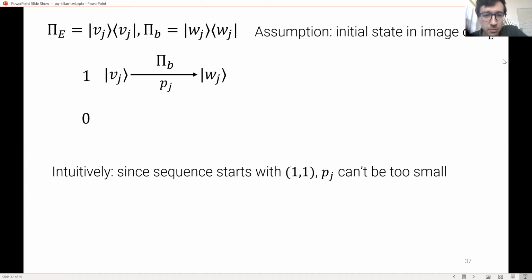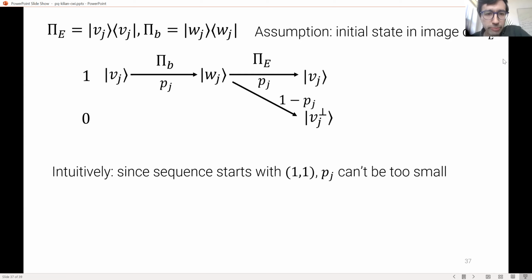And because this happened, we know that p sub j cannot be too small. Otherwise, this would not have happened. So now we apply pi sub e again. In the case where we get a 1 outcome for pi sub e, then we're done, because we've had these 2 consecutive 1 outcomes.